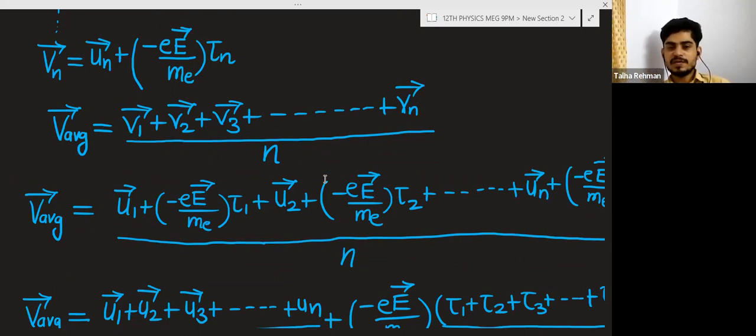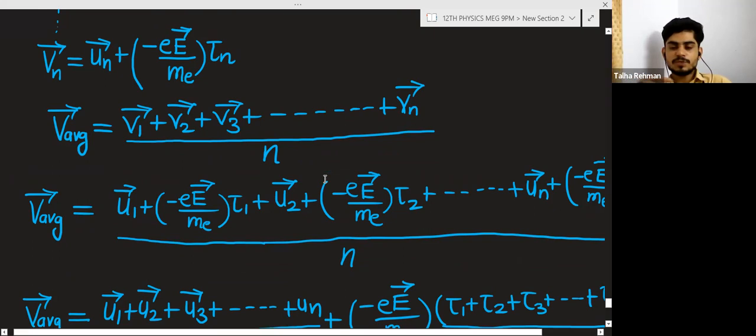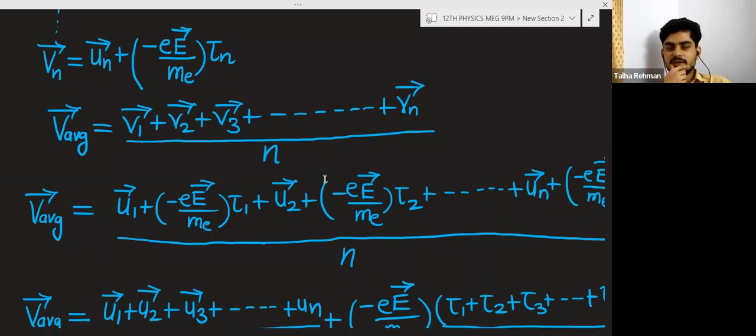Due to that electric force, the electron tries to move opposite to the electric field, but unfortunately there are ions in the conductor, and the electron collides with these ions.